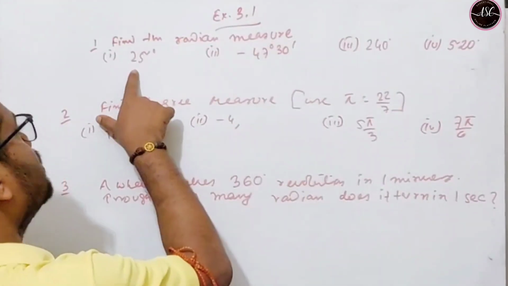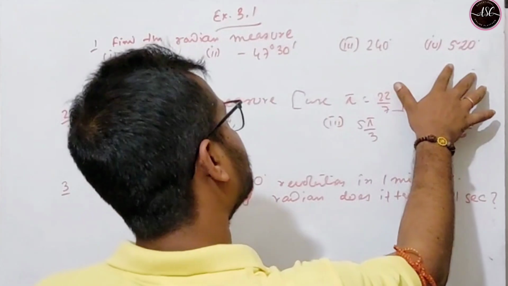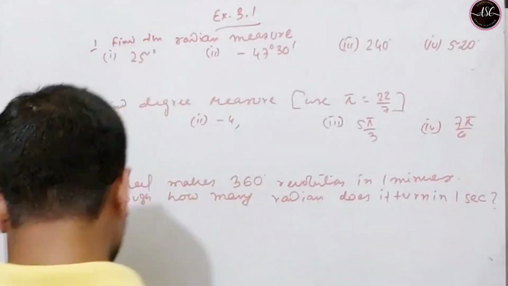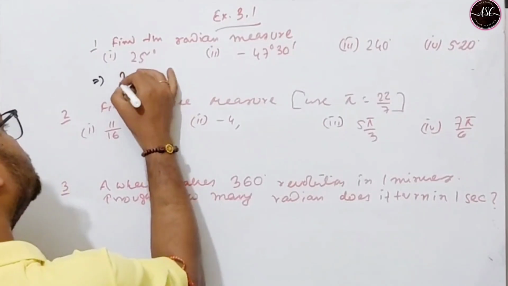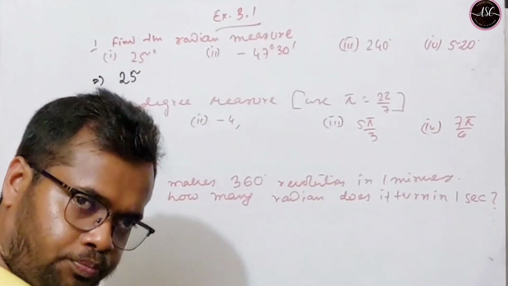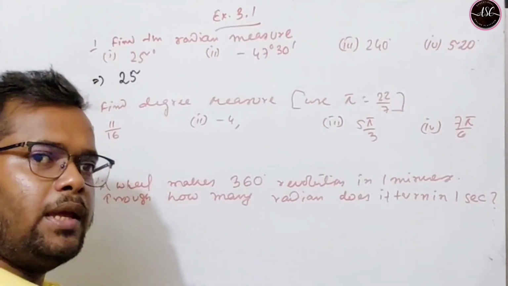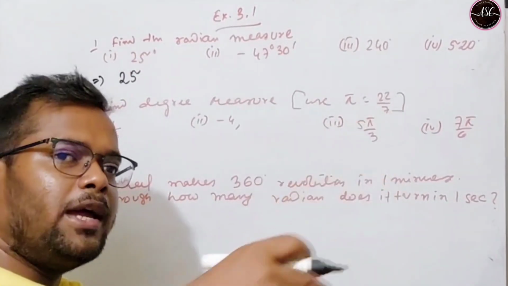Okay. Now we are going to solve the exercise number 3.1 of your NCERT textbook. Here find the radian measure of 25 degree, minus 47 degree 30 minute, 240 degree and 520 degree. So for the first, 25 degree, to convert degree to radian we have to multiply this degree unit by pi by 180.